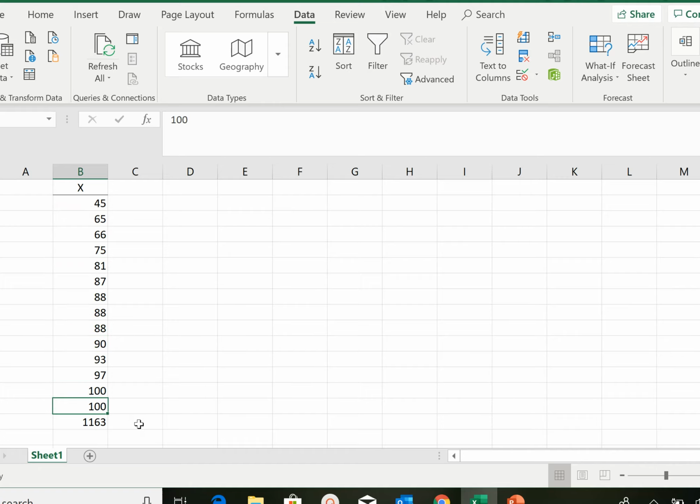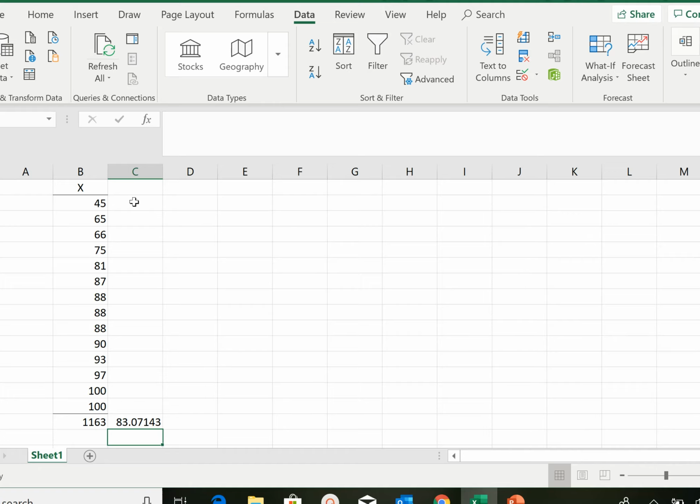So 1,163 divided by 14 gives us 83.07. So that would be our mean, or if we want to be really precise, that's the arithmetic mean. There are various different types of means, but when people just say mean, they typically mean the arithmetic mean.